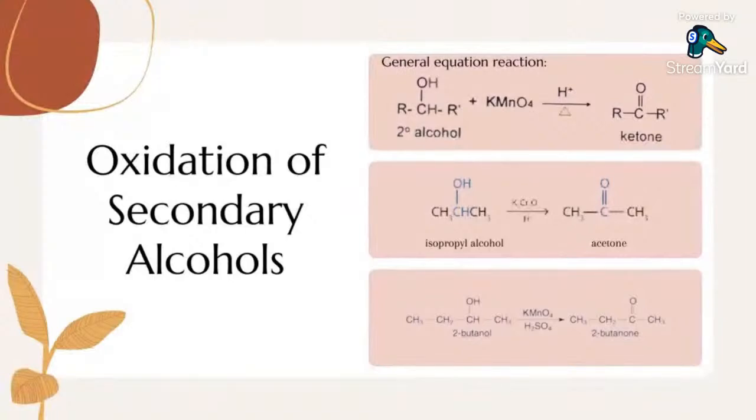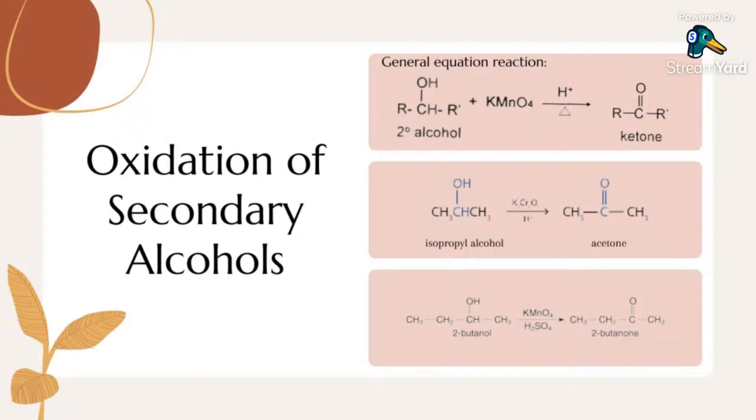Example yang kedua, CH3CH2CHOHCH3 yang merupakan salah satu example for secondary alcohol iaitu 2-butanol bertindak balas dengan KMNO4 dan H+, apakah H2SO4 menghasilkan 2-butanol iaitu CH3CH2C double bond O CH3.